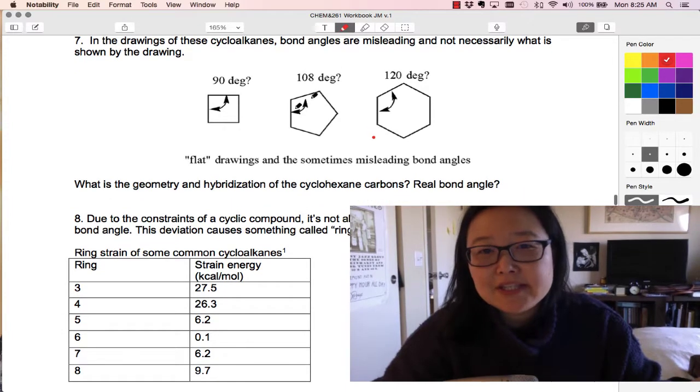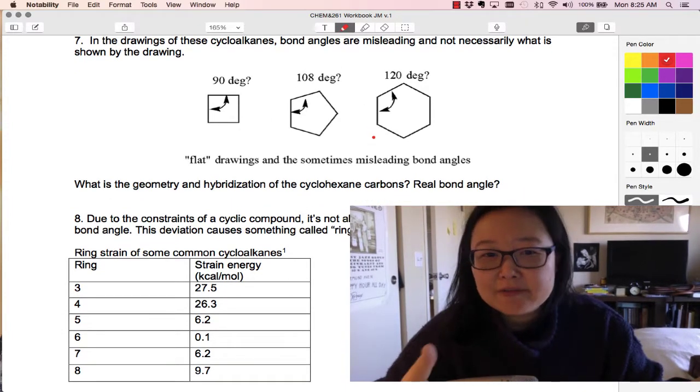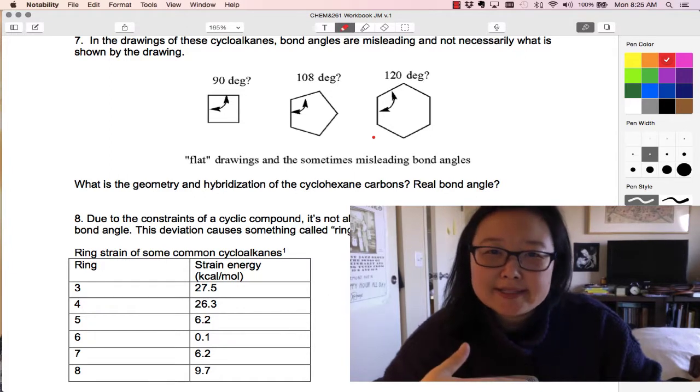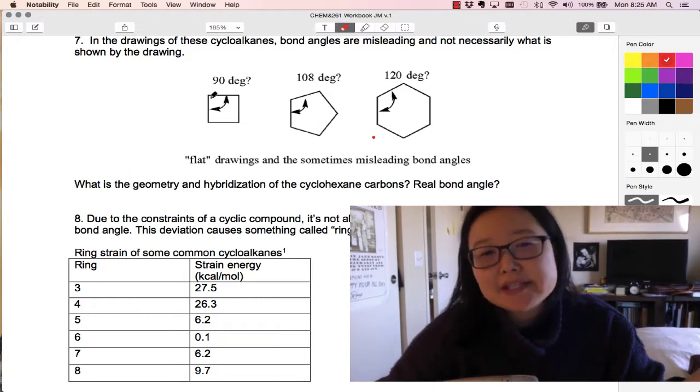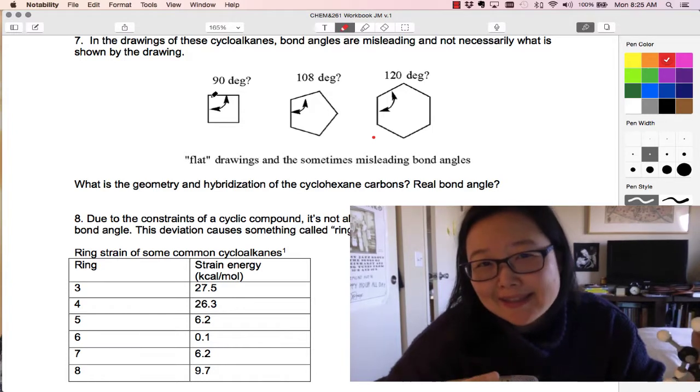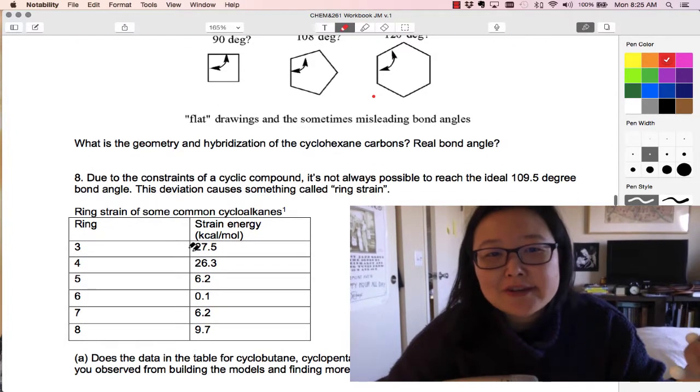So consider the deviation each molecule has, how much it differs from its ideal bond angle. If it's closer to 90 degrees, but it prefers to be 109.5, that additional strain of being less than the ideal creates a strain energy.